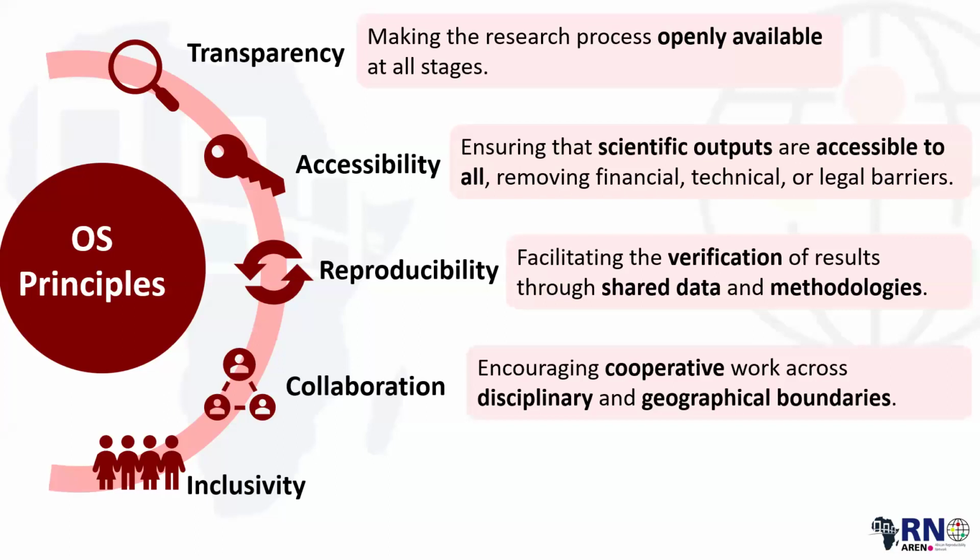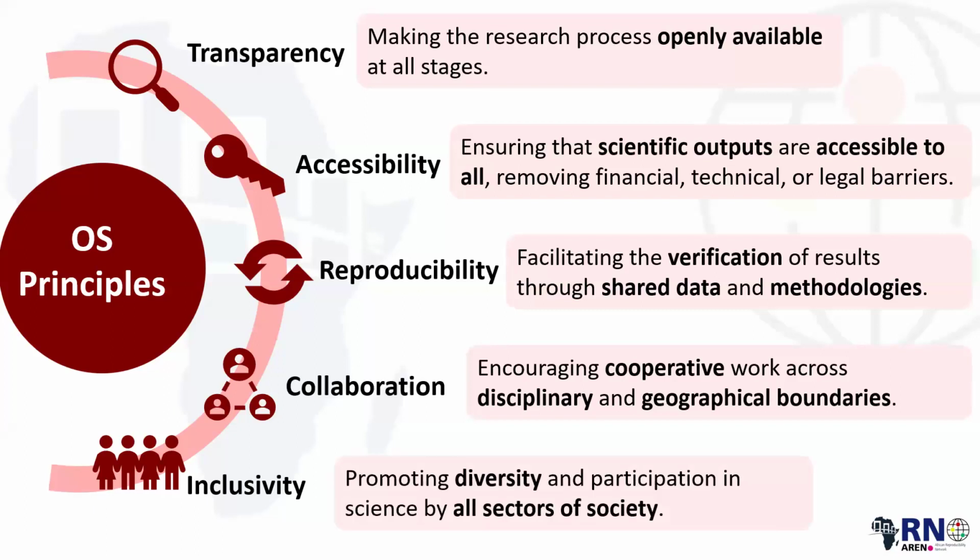Then we have collaboration, which is encouraging cooperative work across disciplines and geographical boundaries. And finally, inclusivity, which means promoting diversity and participation in science by all sectors of society.